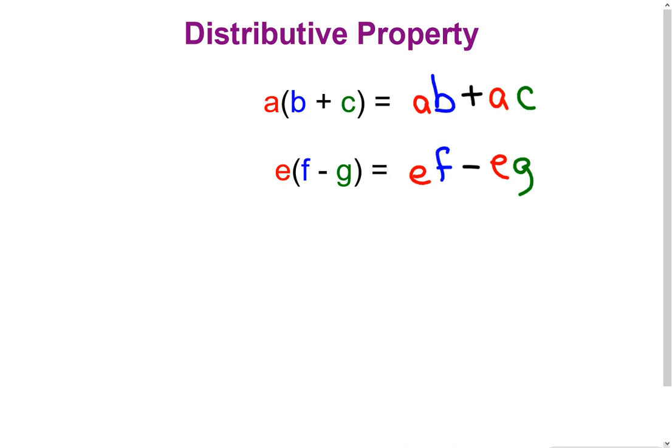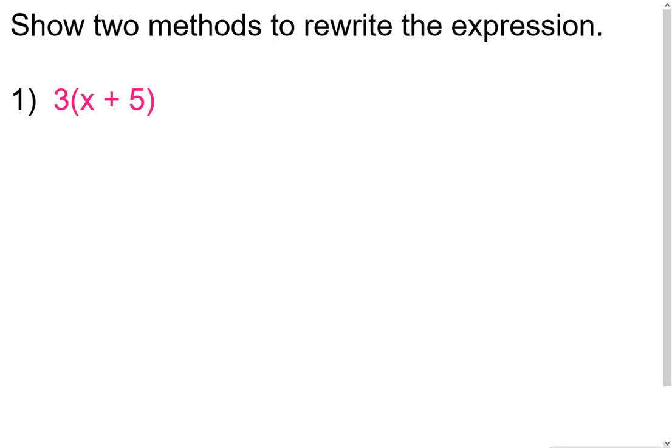I'm going to show you why that works in this first example. So I put up here two methods to rewrite this expression. So we have 3 times the quantity of x plus 5. Well, I think about what does multiplication mean? It's just repeated addition. So if I look at this one way, I could think of this as I have to take this number, call it x plus 5, and I have to add it to itself 3 times. So I have x plus 5, and x plus 5, and x plus 5.